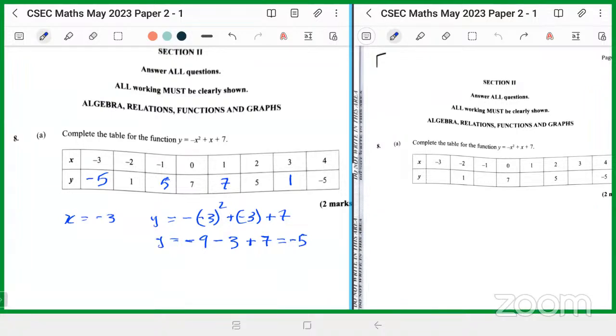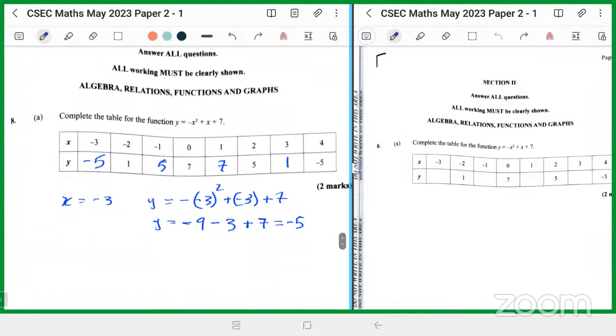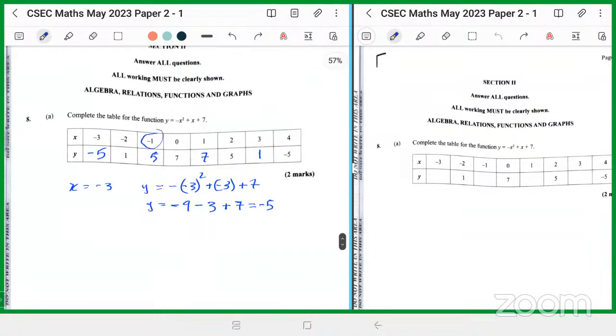So I can work out this -5 and show you that it is actually 5. Let's work it out. It is when x equals -1. When x equals -1, y equals minus a -1 squared, plus a -1 plus 7.